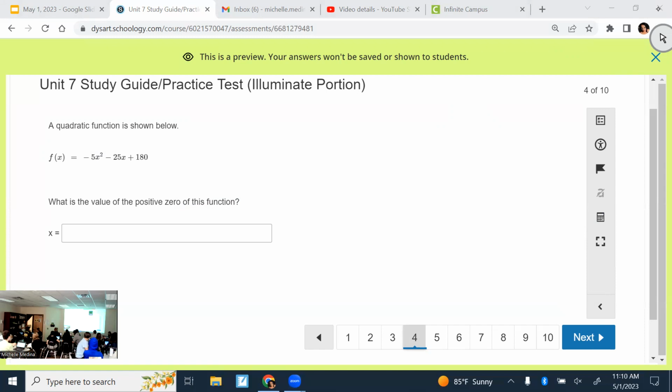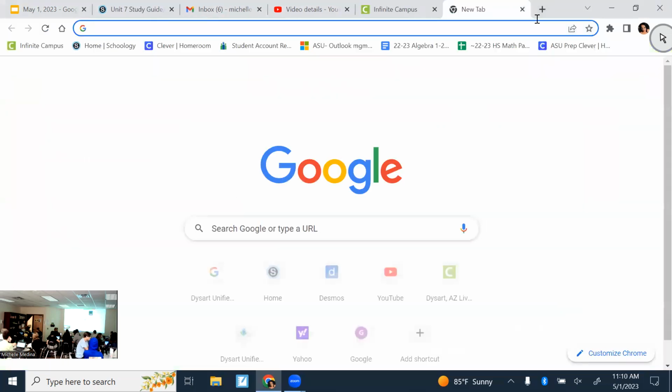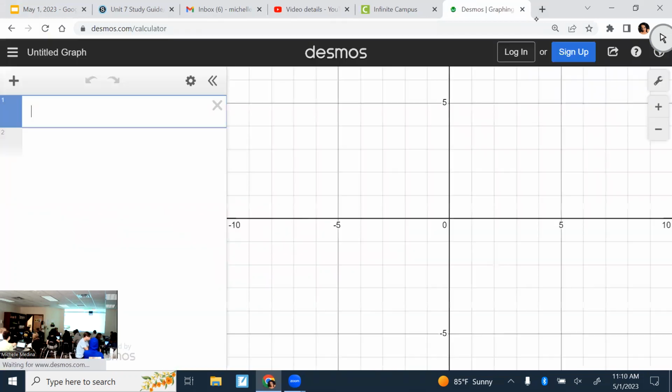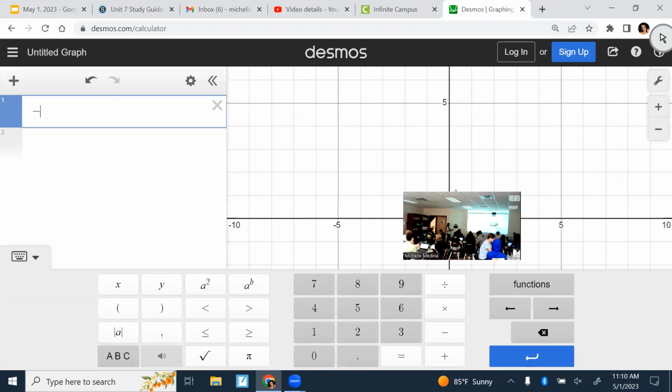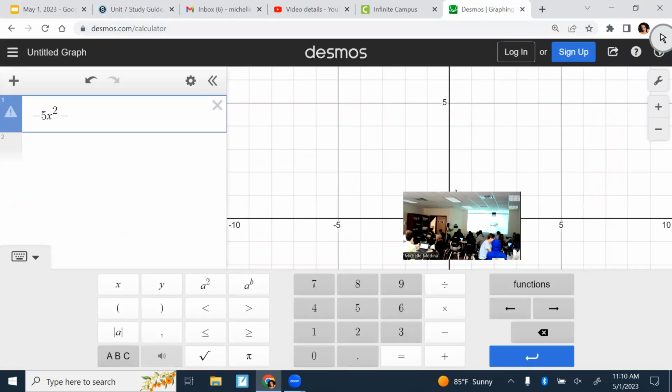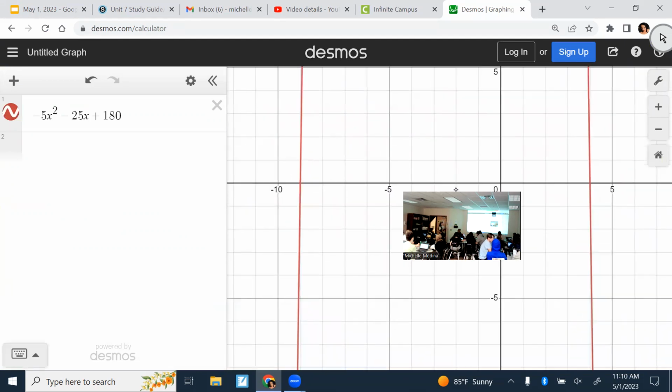Graphing is pretty straightforward. You just have to know 1, how to type it in, and 2, where to look on your graph. So it's negative 5x squared minus 25x plus 180. All right, so type it in like that. Where on the graph do I look for my solution?